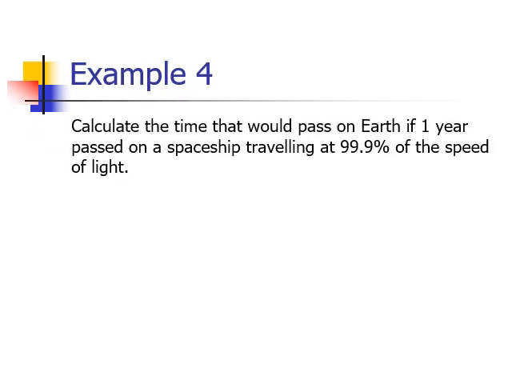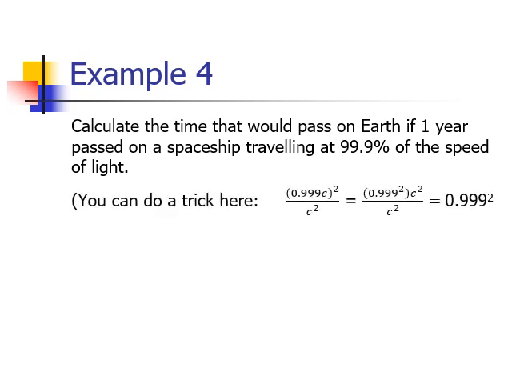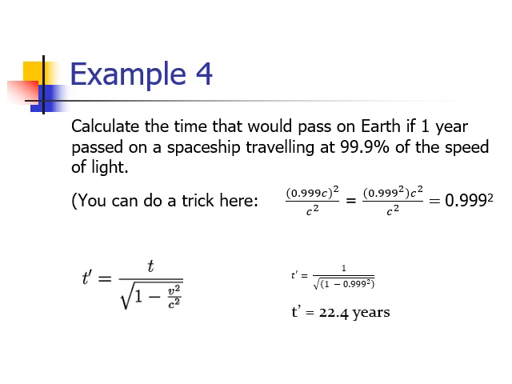Okay, calculate the time that would pass on Earth if a year passed on a spaceship traveling almost at the speed of light. So here we've simplified it again because we've got v squared divided by c squared, and the speed is almost that. So in our relationship, we can substitute v squared upon c squared as 99.9%, so 0.999, and we end up with 22.4 years for 1 Earth year.